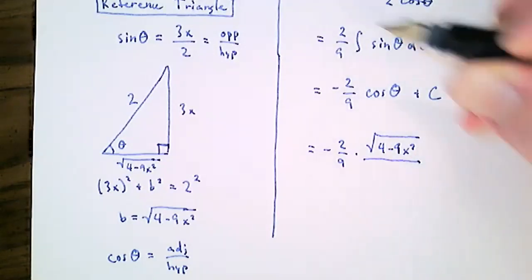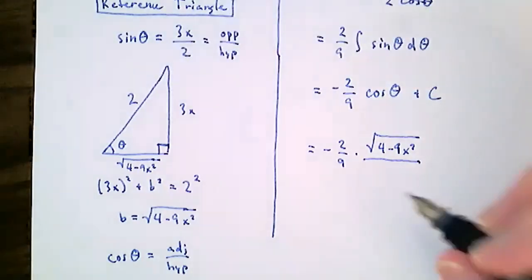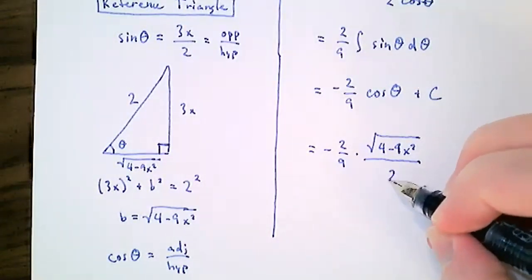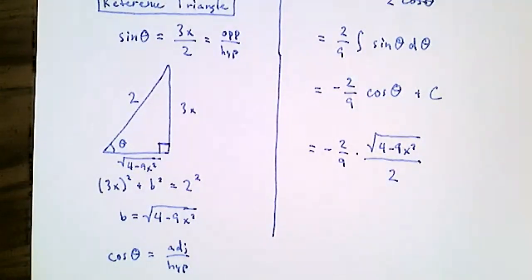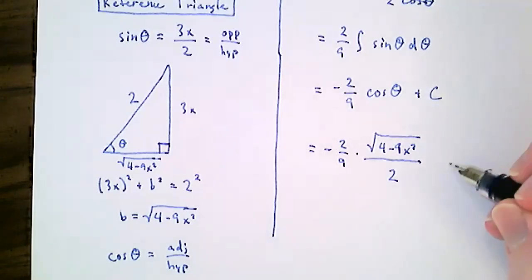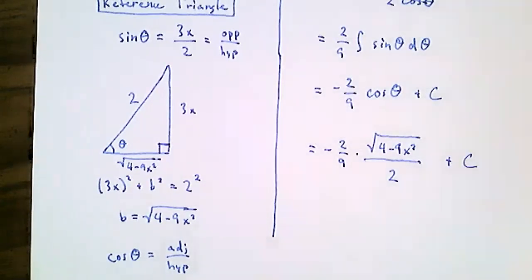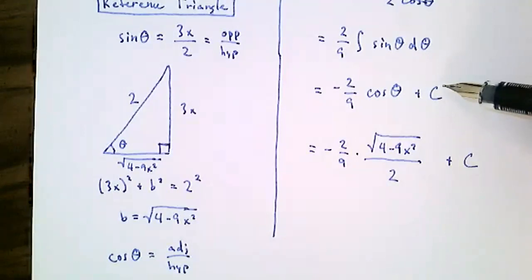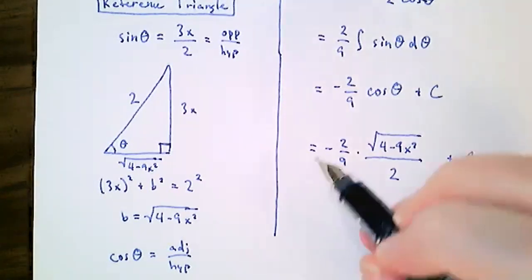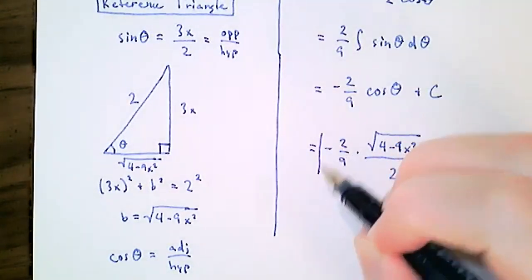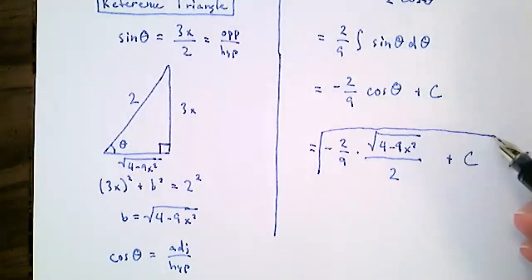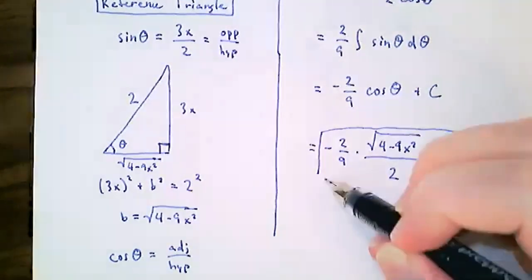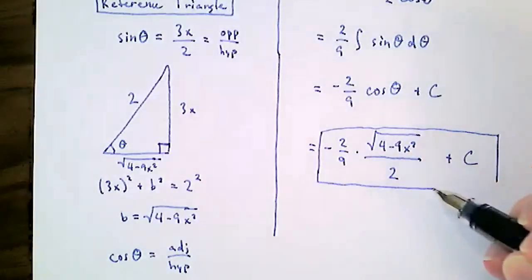And then the hypotenuse we know was 2, so that'll go in the denominator. And then always remember to bring your constant down when you're doing an indefinite integral. So this is the answer for the second example.